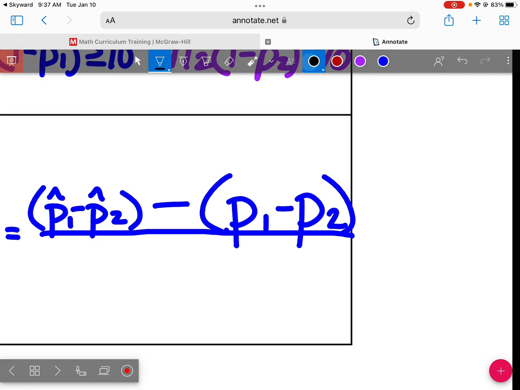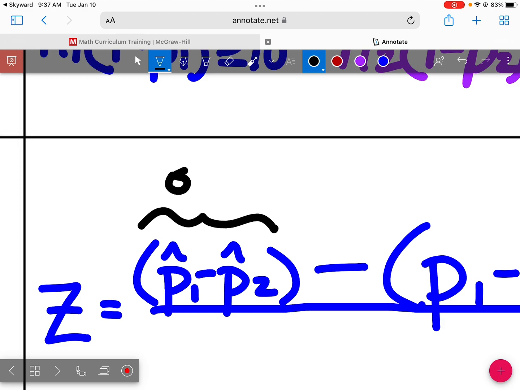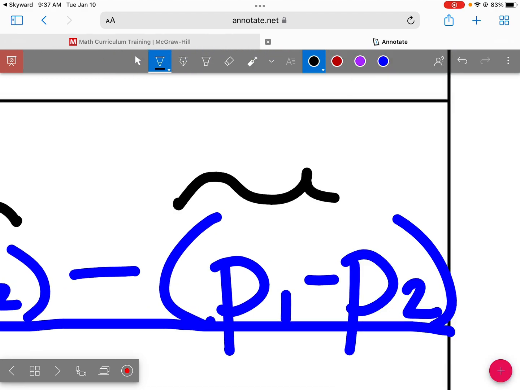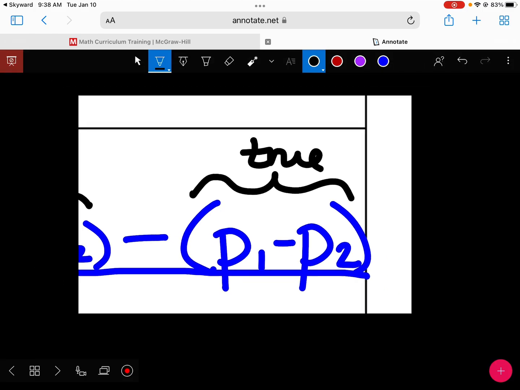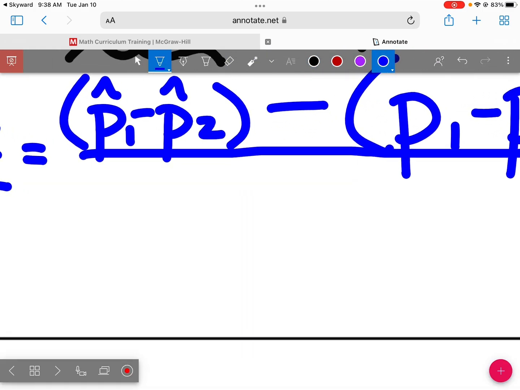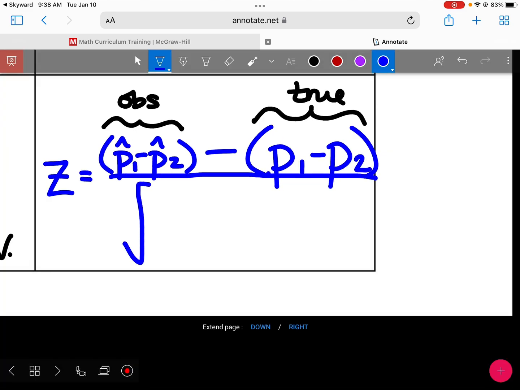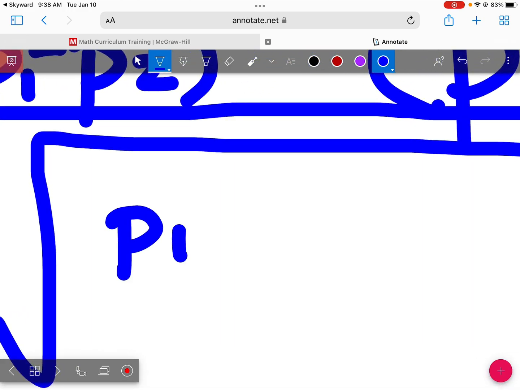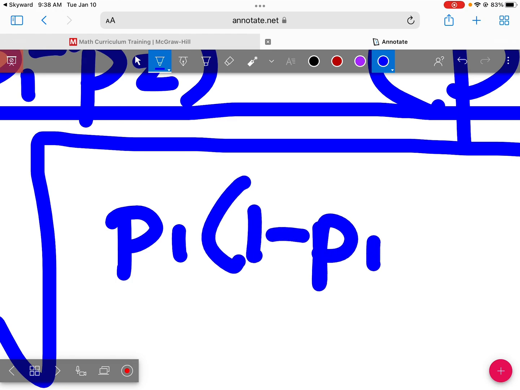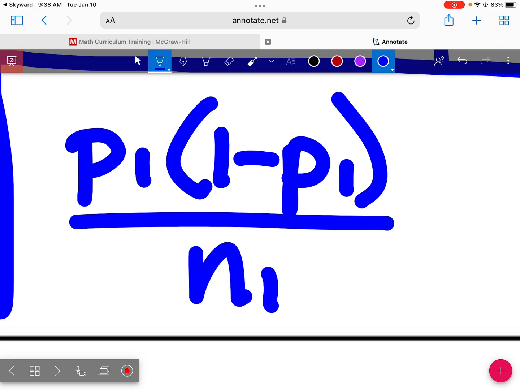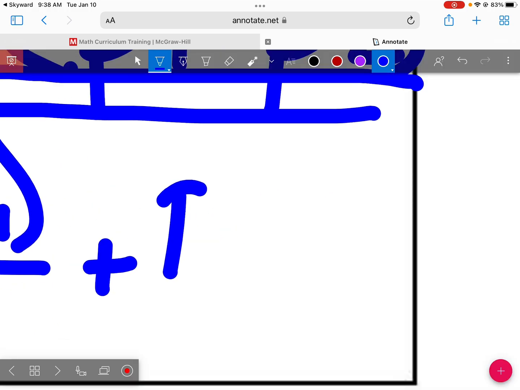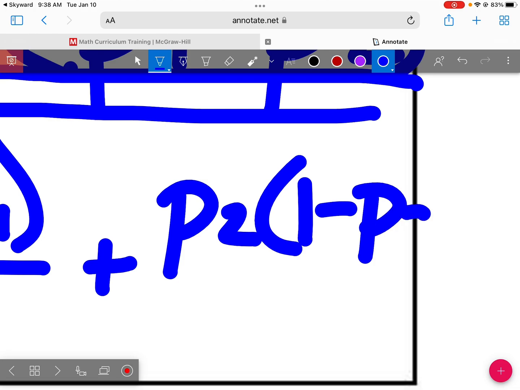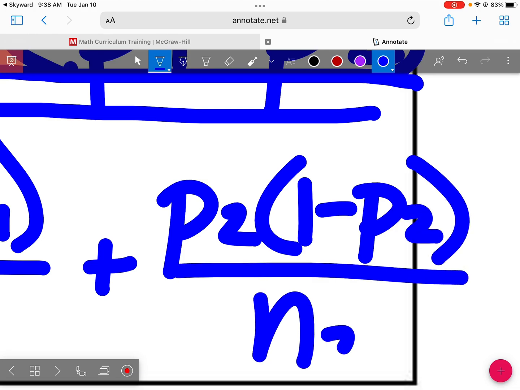So again, we have observed minus true divided by our standard deviation. Long, complicated formula for our standard deviation. We've got a big old square root sign: p1 times 1 minus p1 over n1 plus p2 times 1 minus p2 over n2. Standard deviation.